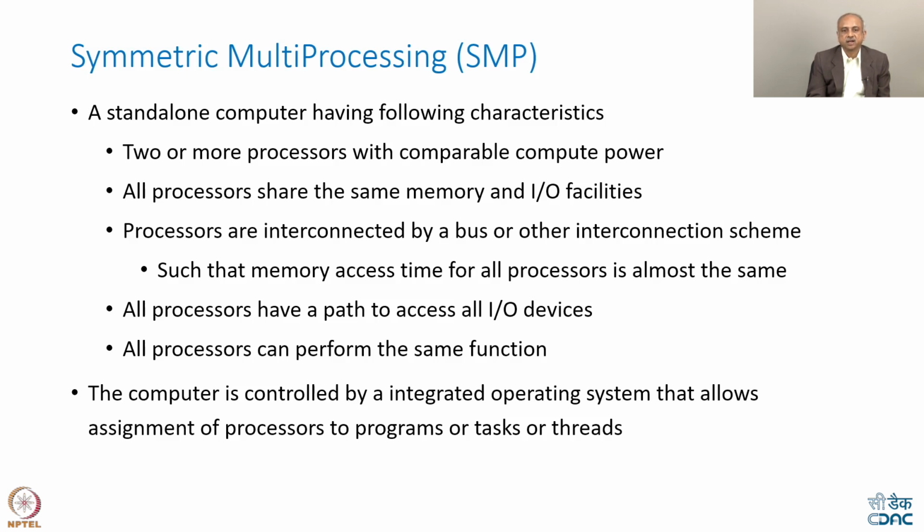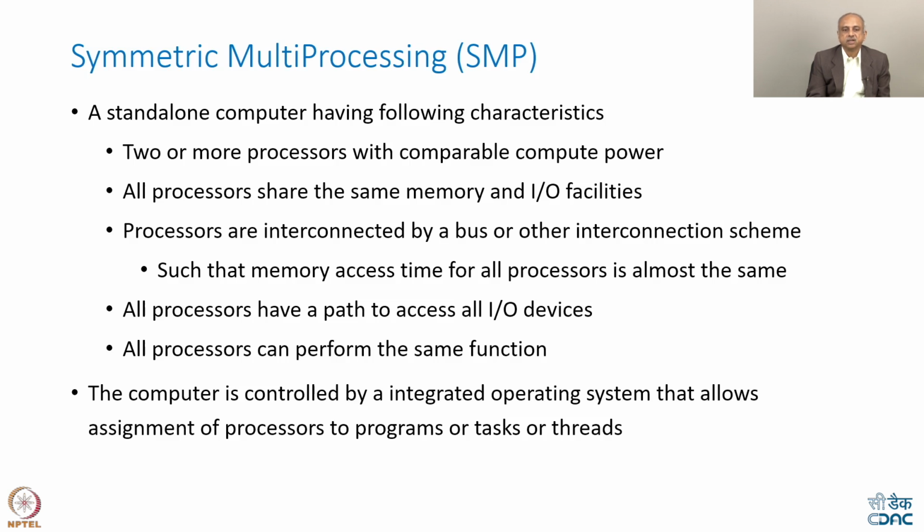So, there will be an interconnection by means of a bus or a switching matrix which connects the memory subsystem to all the processors. The basic characteristic is that the access time is the same for all processors. Whether processor 1 accesses memory location 10 or processor 2 accesses memory location 10, the access times are going to be the same, and all the processors have access to all portions of the memory.